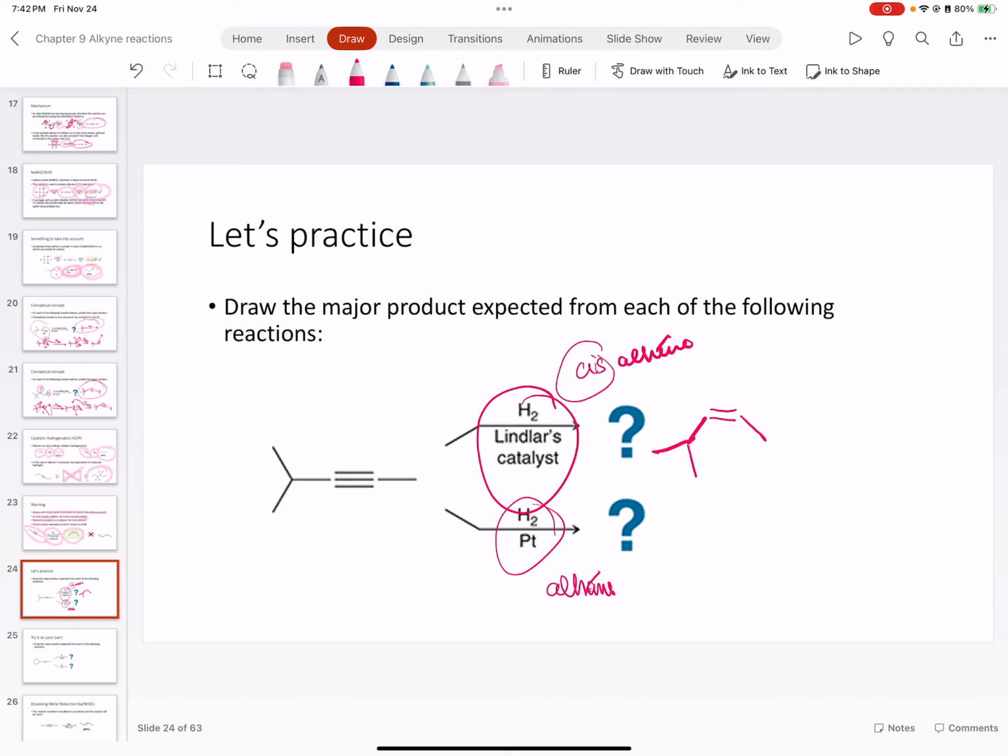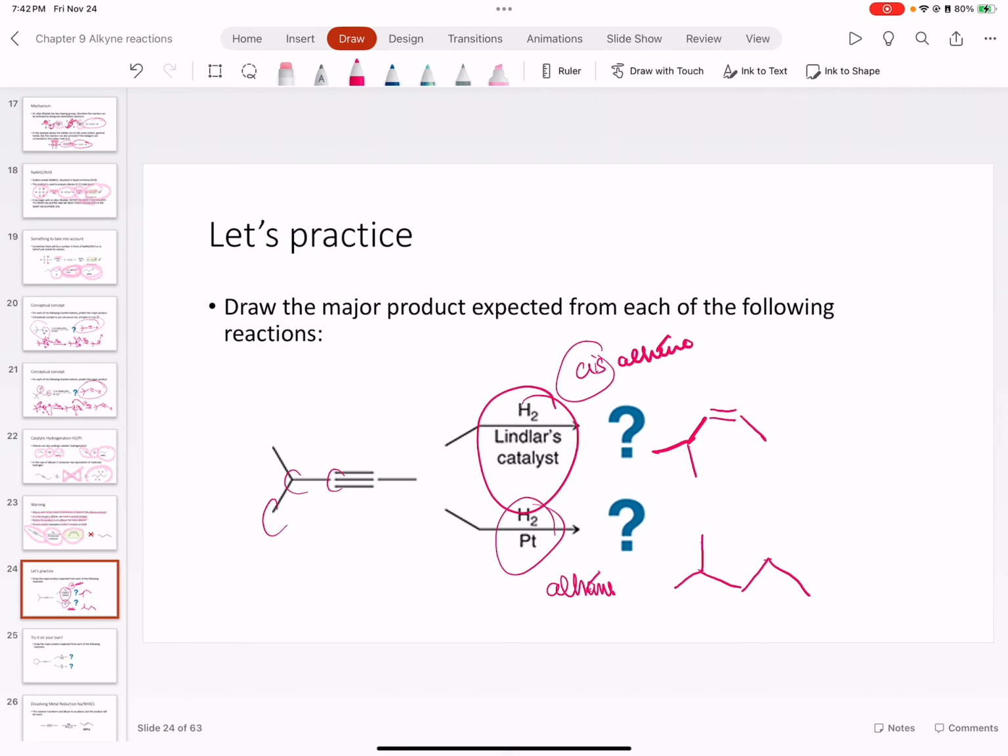So technically we're just gonna try to draw it without the triple bond. If it's a little bit hard for you to visualize, you can just count the number of carbons you have, so you can make sure that you did it correctly.